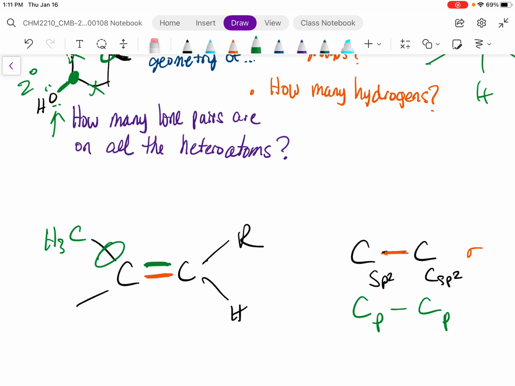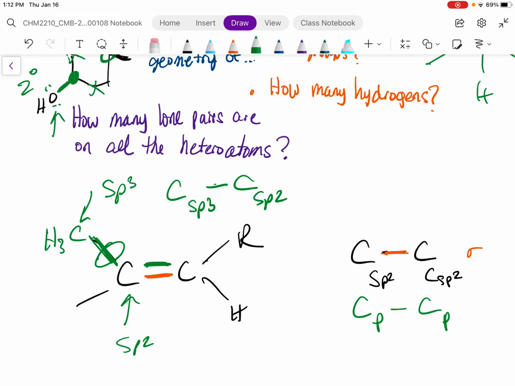Because now if we looked at that bond, what do we have here? We have a CH3. This one's a little bit different because this carbon is sp2, that carbon is sp3. So this bond right here is between a carbon of an sp3 and a carbon of an sp2. That's the orbital overlap to form that bond. Is that a sigma bond or a pi bond?